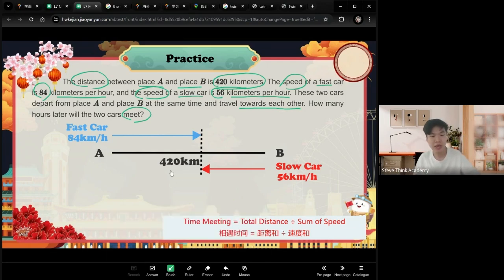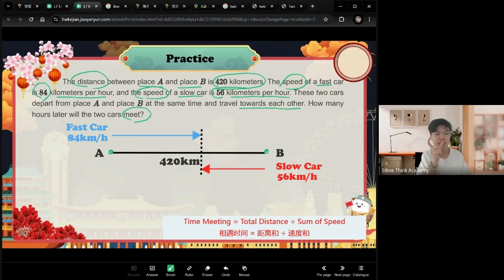The distance we have is the total distance all the way from A until B. How about the speed? Remember, we should use the sum of the speed to calculate the time meeting, because the distance we have is the total distance.